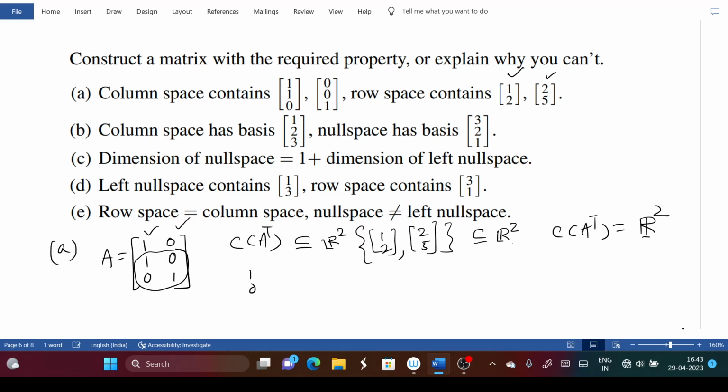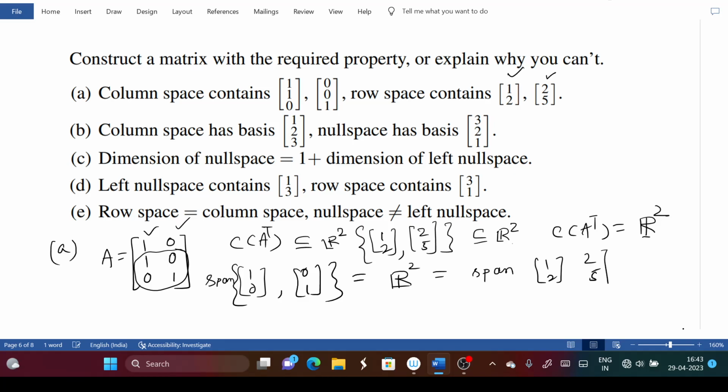So the span of (1, 0), (0, 1) is equal to the whole R square, which is equal to the span of (1, 2), (2, 5).